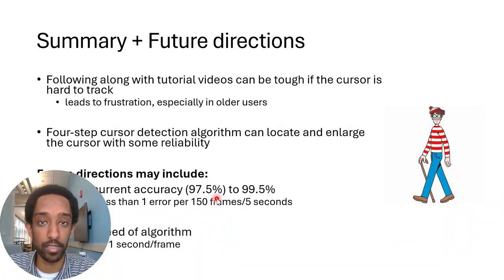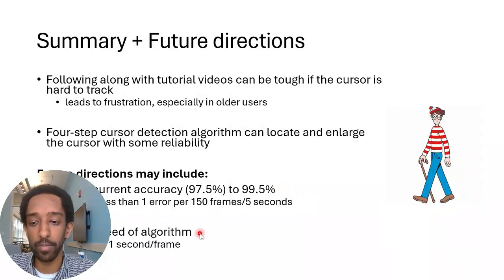And that's definitely distracting. So ideally, you'd want fewer errors, and maybe a target is less than 1 error per 5 seconds, and that's an accuracy of about 99.5%. So that's a good target to shoot for, I think.